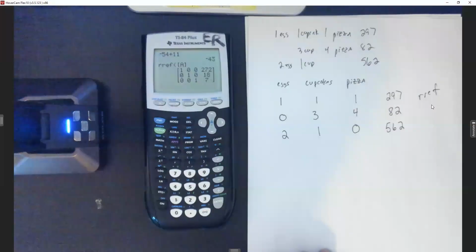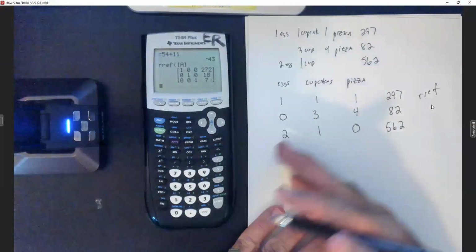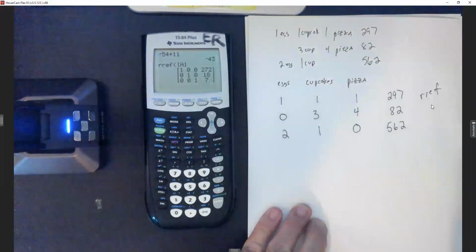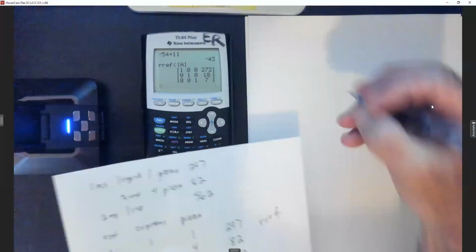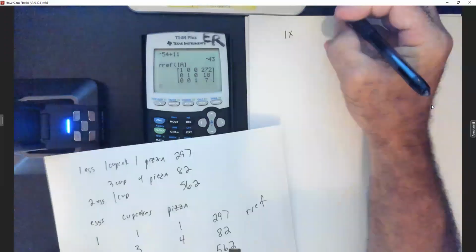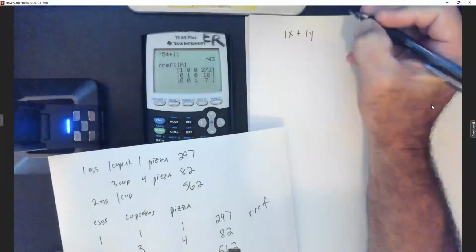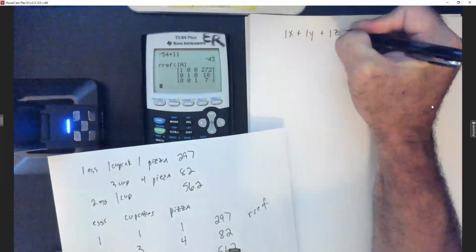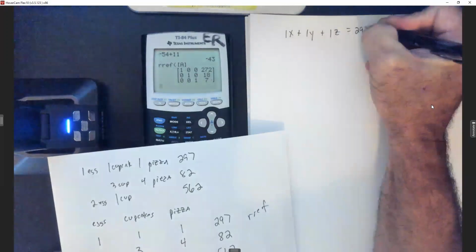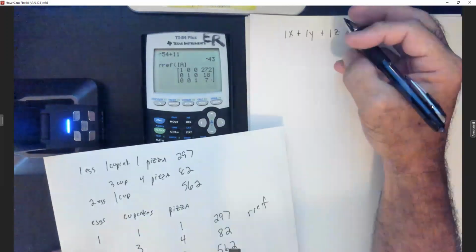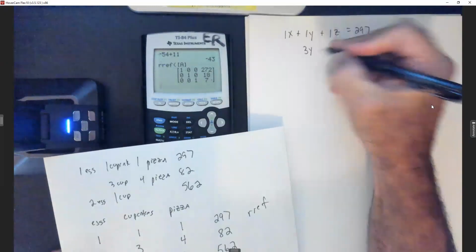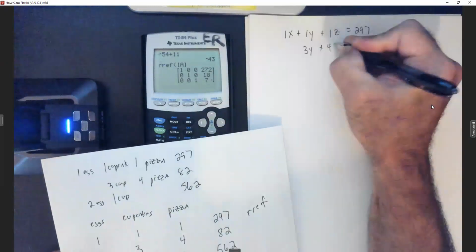Okay, so we're about to do this one by hand, so let me write these numbers down real quick. So 1x plus 1y plus 1z equals 297. The next one was 3y plus 4z equaled 82.